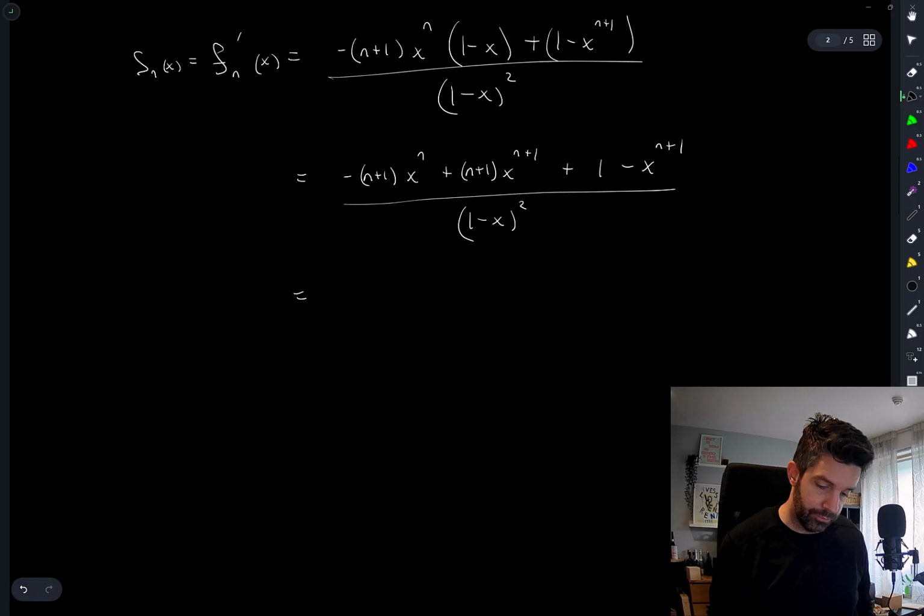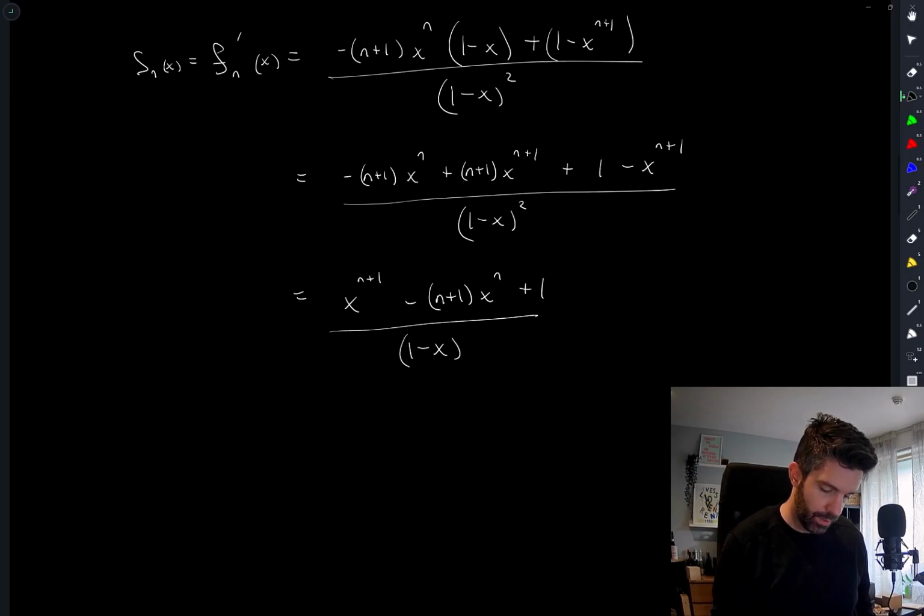I don't really see any nice simplification, but let's write things in terms of powers of x. So we have x to the n plus 1 in the numerator minus n plus 1 x to the n plus 1 divided by 1 minus x squared.